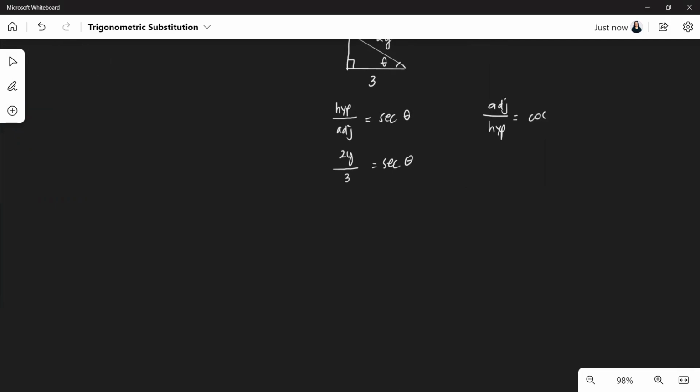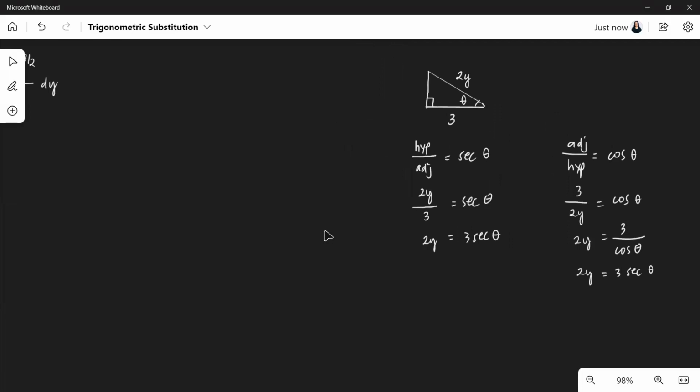This is cosine. Adjacent side is 3 and the hypotenuse is 2y, so cosine theta equals 3 over 2y. Solving for 2y, it's 3 over cosine theta, meaning 3 times the reciprocal of cosine theta, which is secant theta. So we end up with the same equation: 2y is equal to 3 times secant theta.